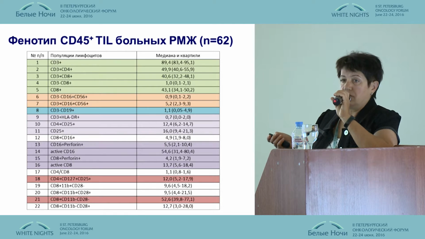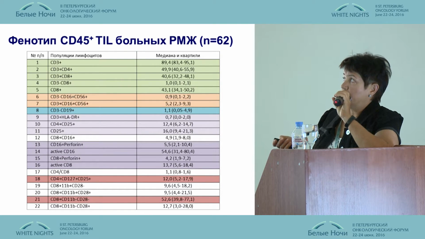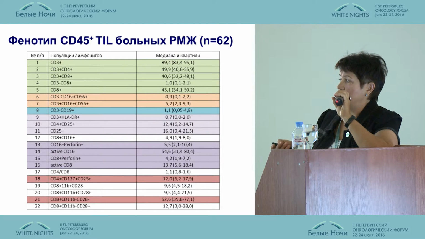And this is the accumulated data in T lymphocytes, almost 95%, 1-to-1 ratio.